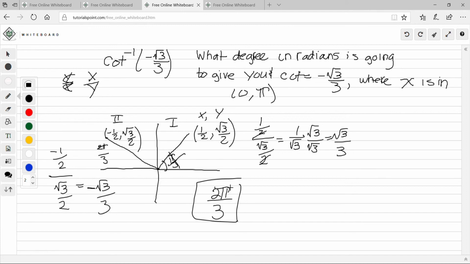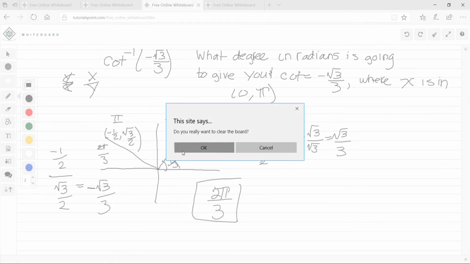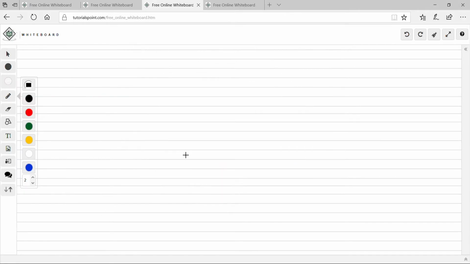Another one, let's do arc cosecant of negative 2. So we can rewrite this as cosecant inverse of negative 2. So again, what is this telling you in words?